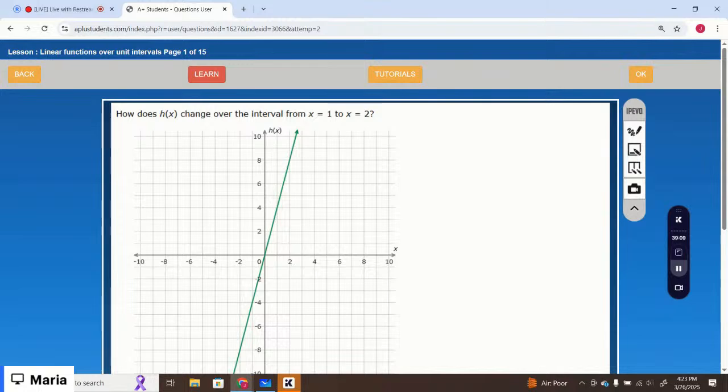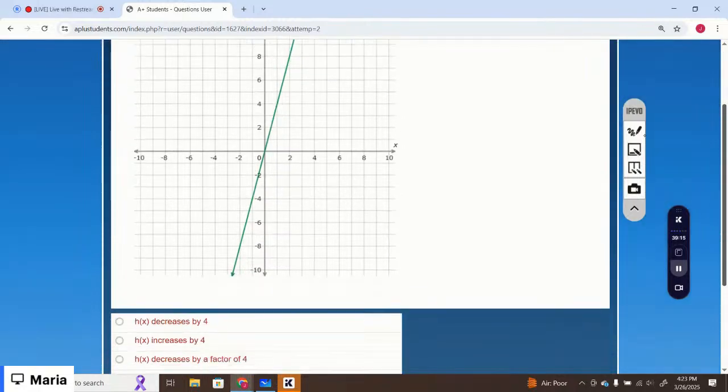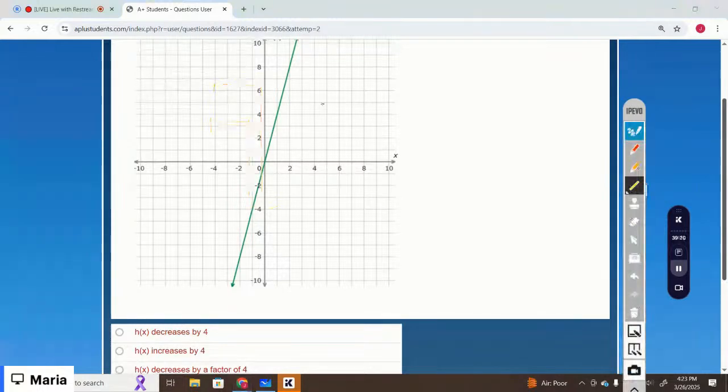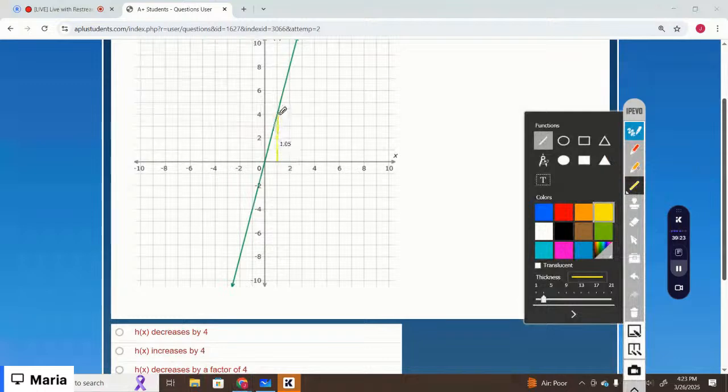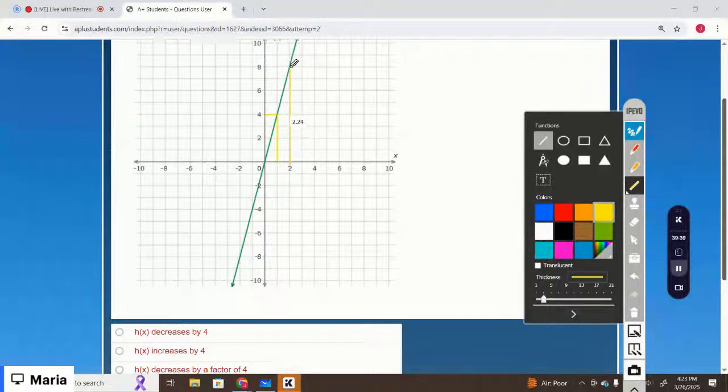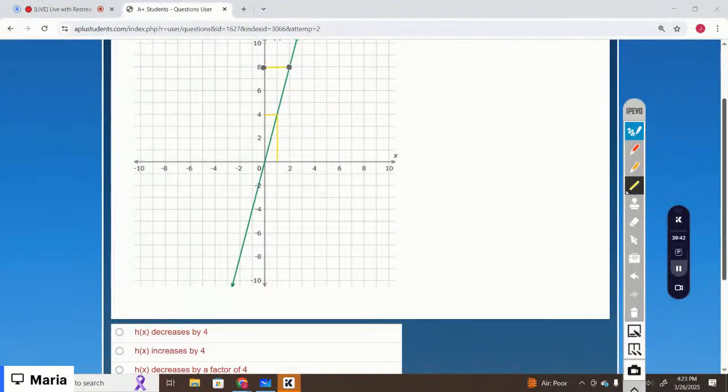How does h of x change over the interval from x equals 1 to x equals 2? Okay, x equals 1. So when x equals 1, y equals 4.